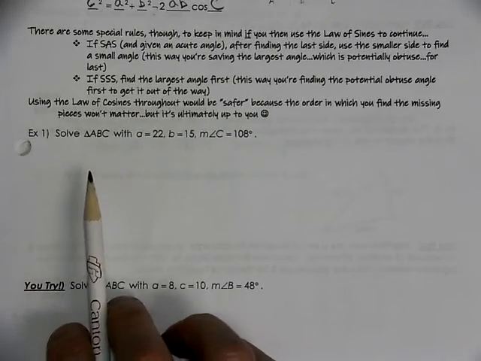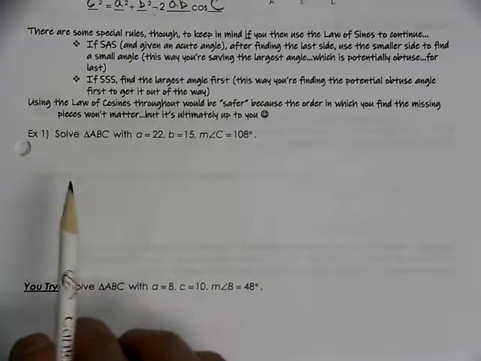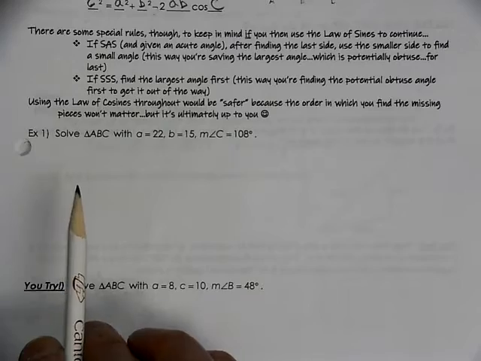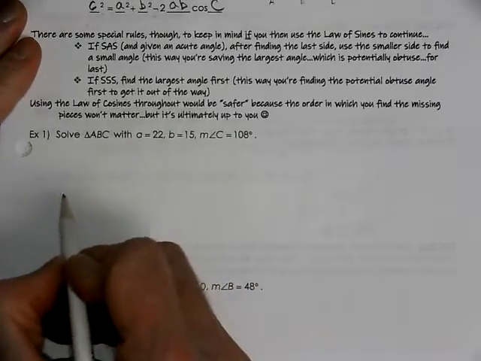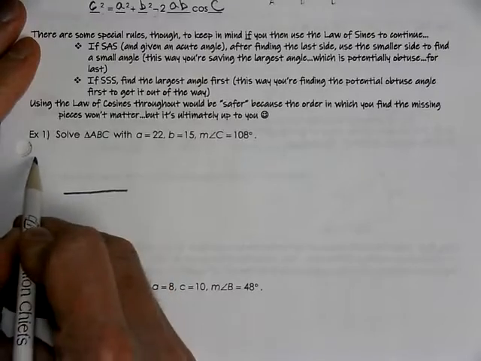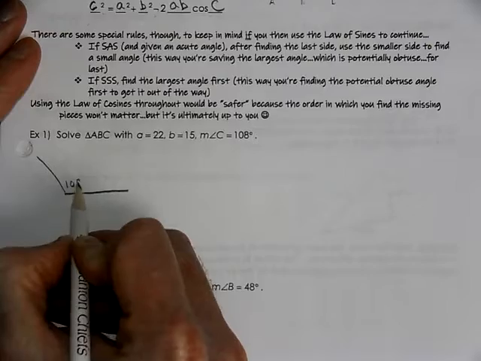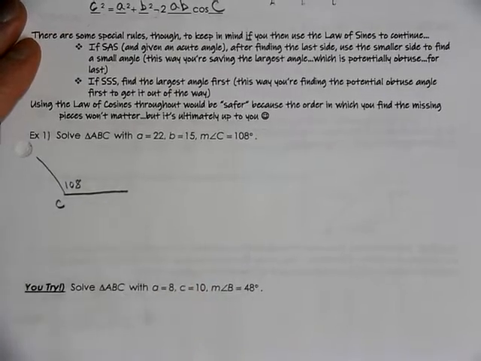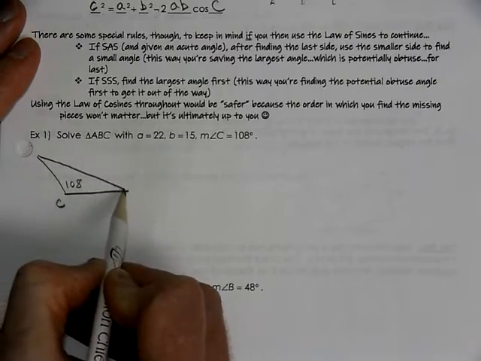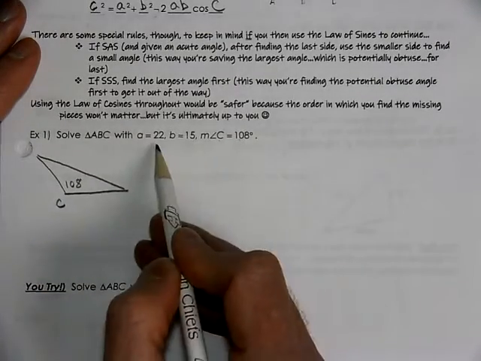So when we calculate these out, we need to know that cosine can find obtuse angles, but sine cannot. In this situation, for this problem, we don't have that issue because we already have our obtuse angle. So C is 108.